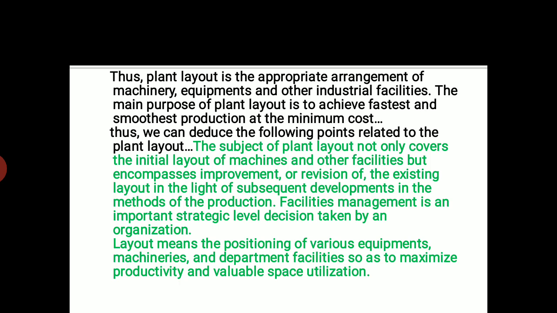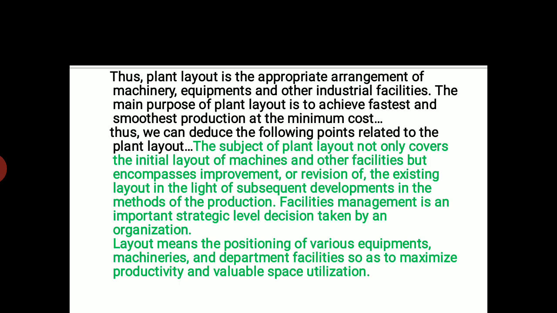That means if an industry haphazardly plans out its production after deciding its location, then if the layout is not properly designed, it may not have the fastest, it may not have the smoothest, or it may not have the cost effective production. So if it wants to have the manufacturing done with all these three efficiencies, that means it should be rapid also, it should be smooth and convenient also, and at the same time it should not cost you high.